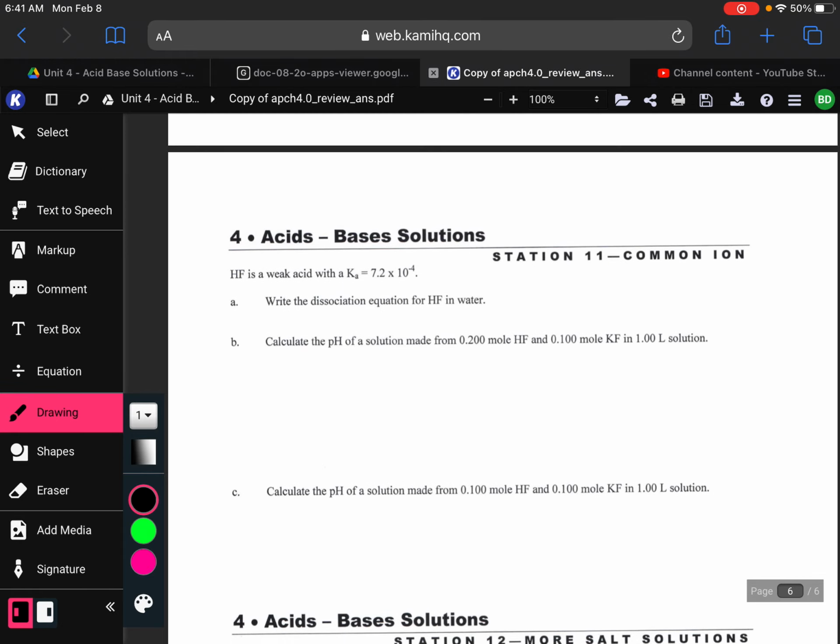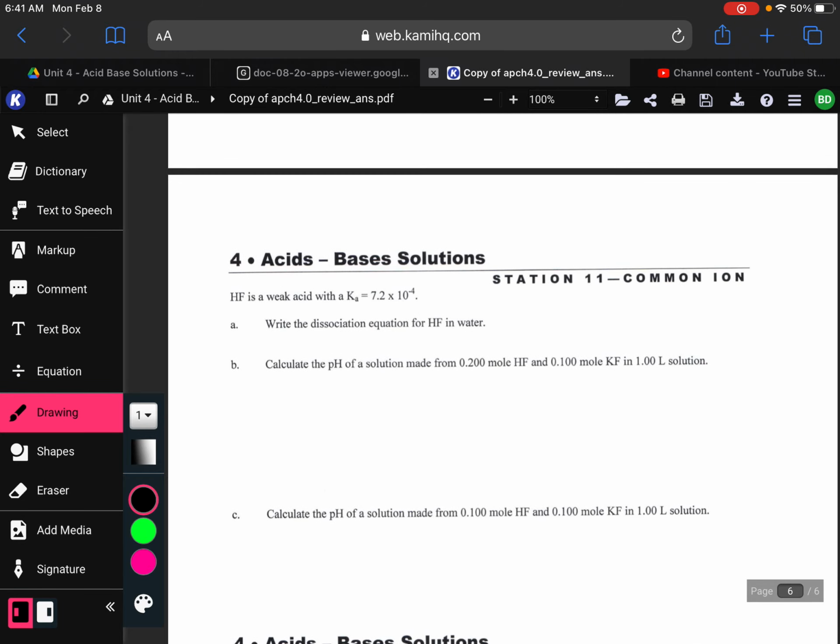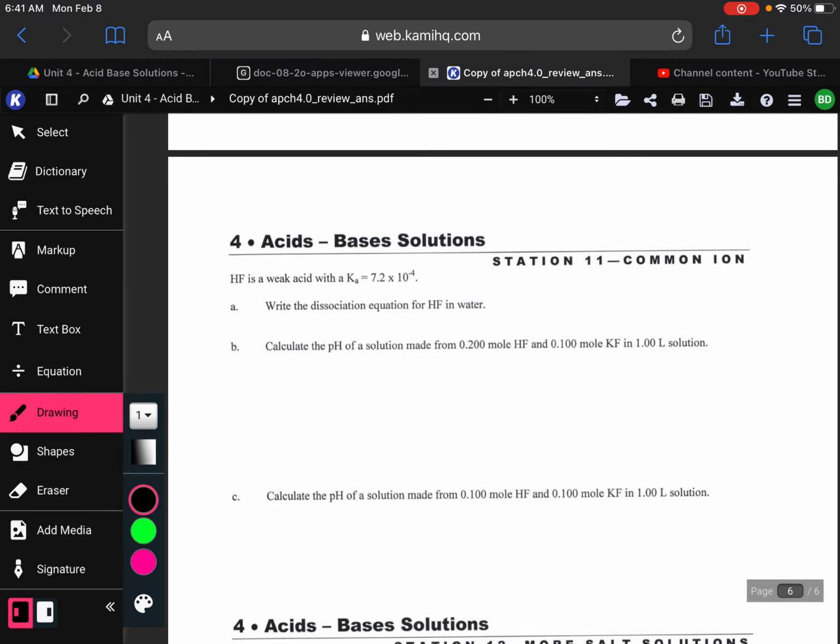I think I just had you go through number 11. Common ion, we didn't talk a whole lot about it. We're going to talk more about it later, but essentially what we're saying is if you have hydrofluoric acid and then you put potassium fluoride in with it, that's going to cause you to have an initial fluoride concentration. So when you make your ICE table, and I just realized he didn't do the key part here.